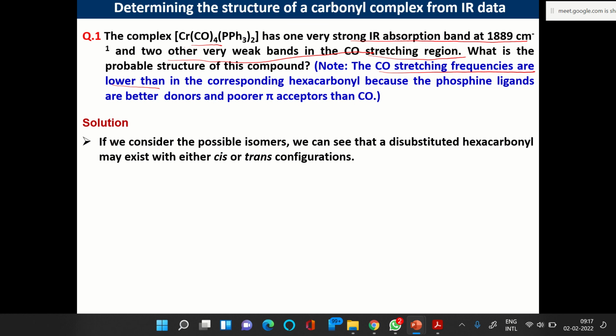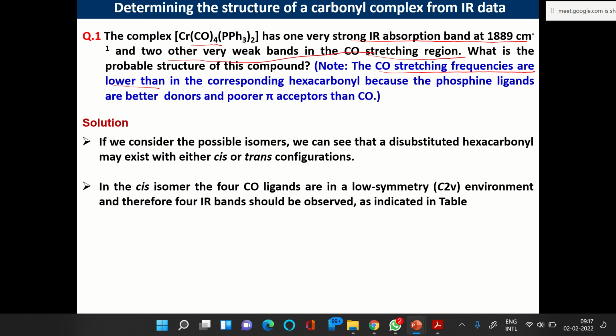Now you look at the other points. What are the possible isomers? We can have cis or trans configuration in these cases.